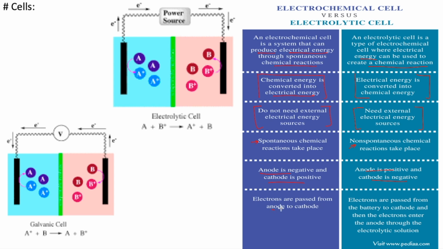Electrons are passed from anode to cathode in electrochemical cell, whereas in electrolytic cell, electrons are passed from the battery to the cathode, and then the electrons enter the anode through the electrolytic solution. Both of these cells are shown over here. This galvanic cell is an example of electrochemical cell, whereas the electrolytic cell is also represented over here.